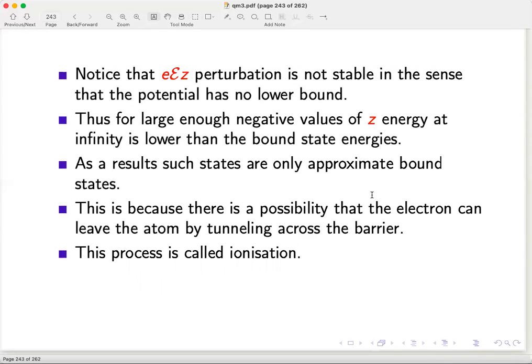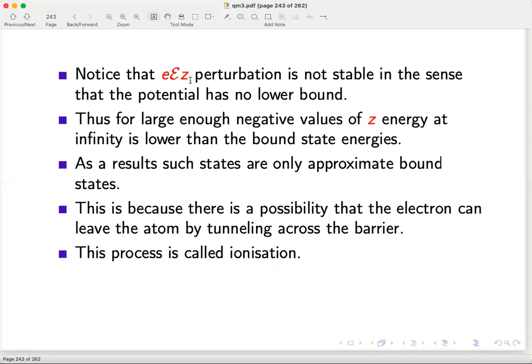One thing we need to understand is that the perturbation eEz is not a stable perturbation, in the sense that it's a linear potential, so it is not bounded from below. It is an unbounded perturbation.